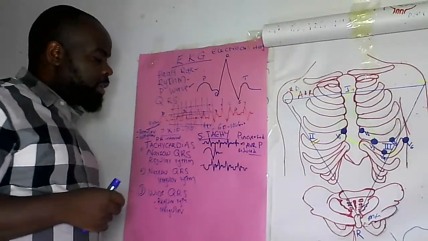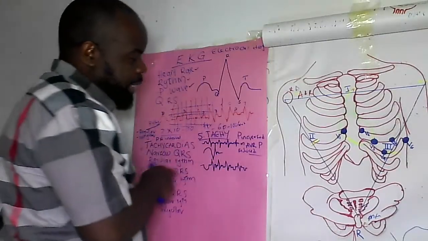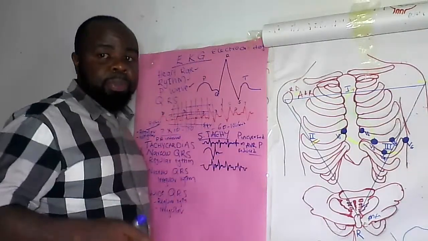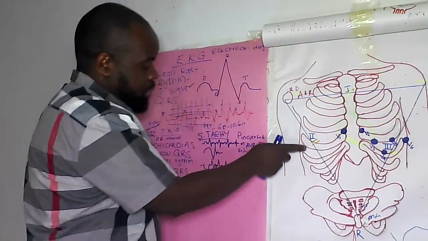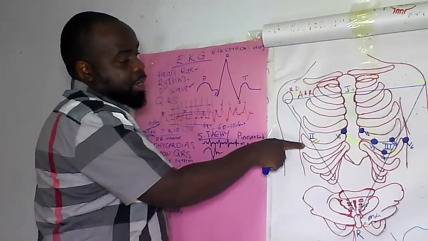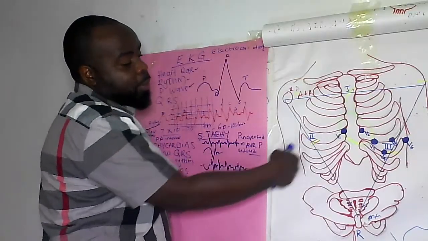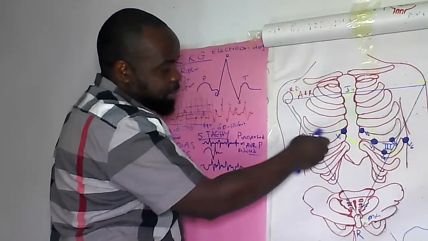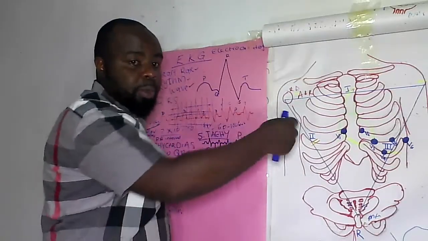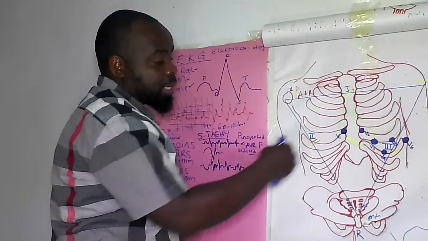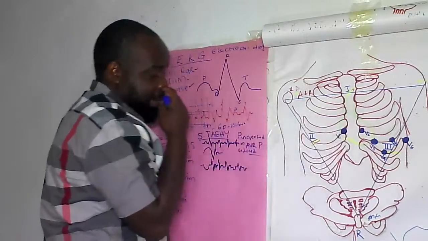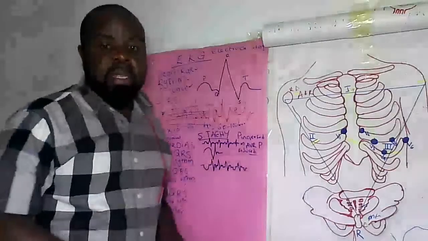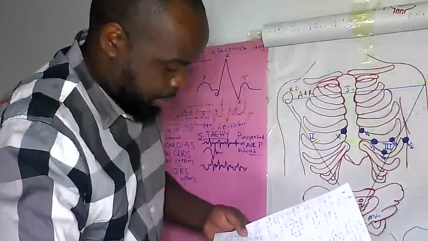So if it is deflected down, what is happening? It's because the point of the AV depolarization, you will see that it is going away. Look at this. Lead 2 is pointing, the electrical system is getting away from the heart. Why? Because the fibrillations are so fast.